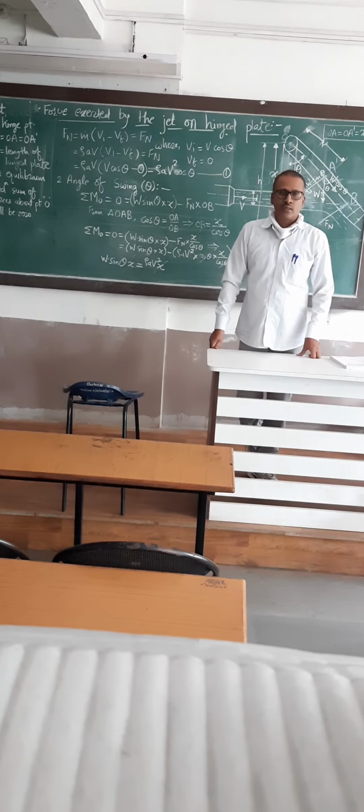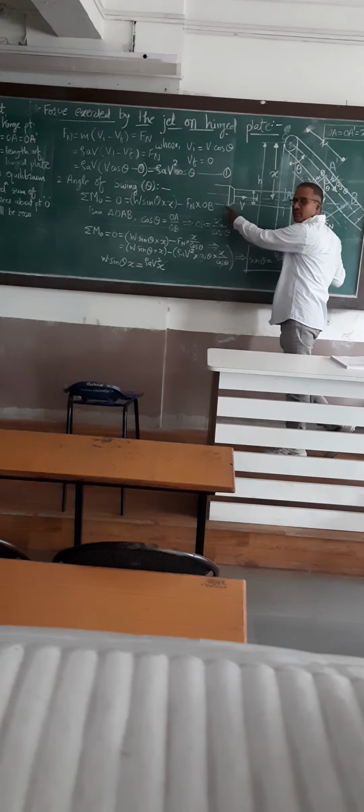hinge plate, as shown in this figure, OP is the total length of the hinge plate, where point O is the hinge point. This total length we denote by H. Now this is the nozzle from which water is coming out.